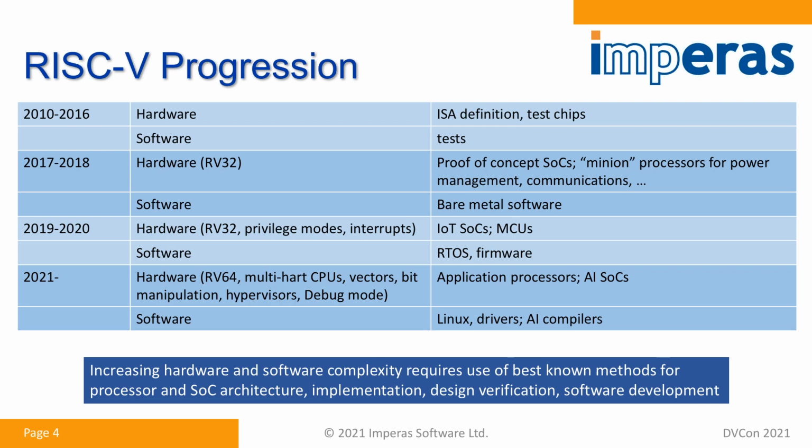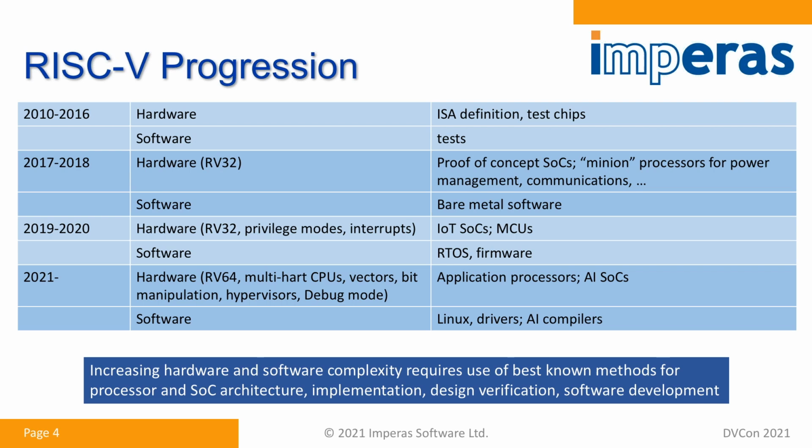The following 2 years saw a little bit more effort in RISC-V in the community. There were some proof of concept chips. Mostly these used minion processors, processors that were not exposed to users from the perspective of being able to program on those.